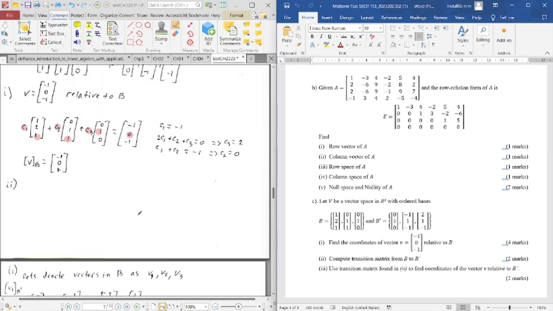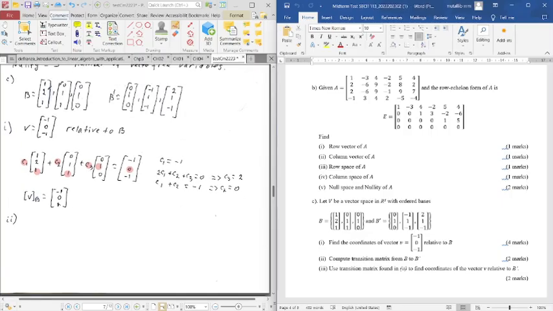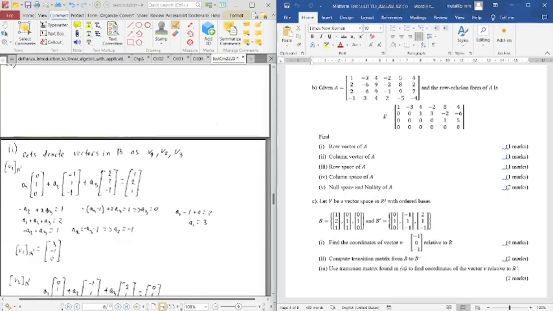But here we change things: we find the coordinates of vector 1, vector 2, and vector 3 relative to B prime. So we write A1, this is any variable, you can name it anything.